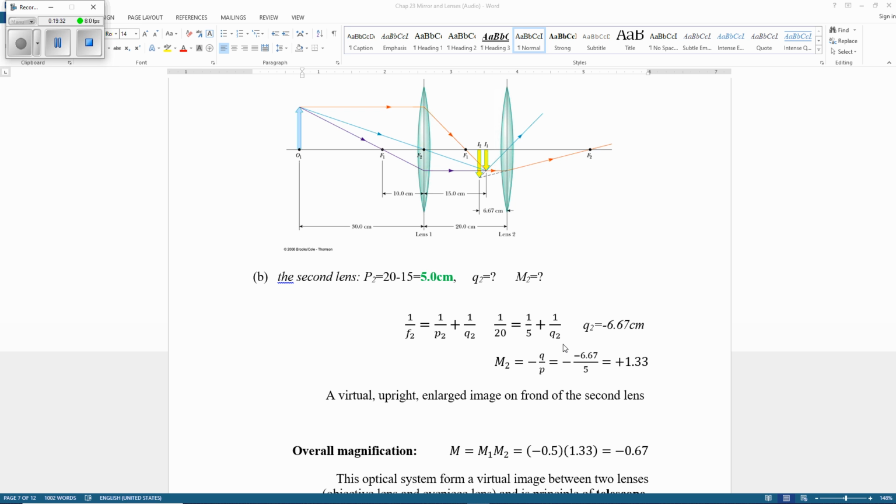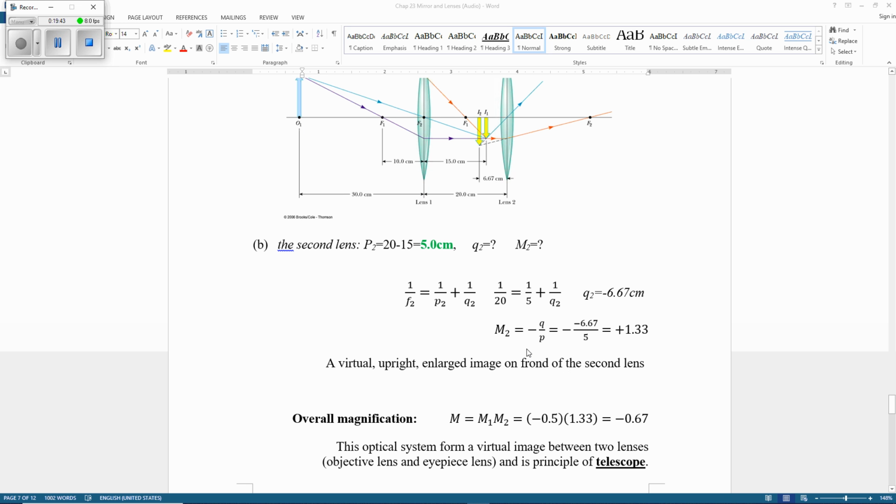If you solve this, you find Q2 equals negative 6.67 centimeters. The magnification of the second one, M2, equals negative Q over P. Q equals negative 6.67 and P equals 5 centimeters, and because the negative signs cancel, this gives you positive 1.33.